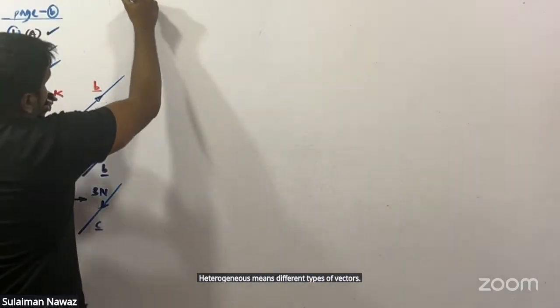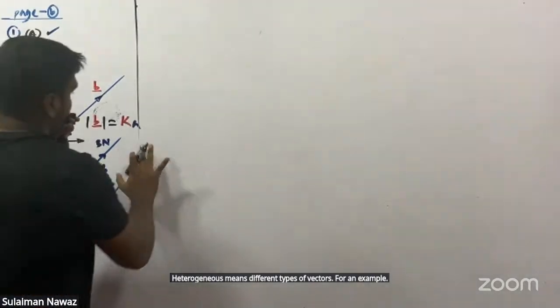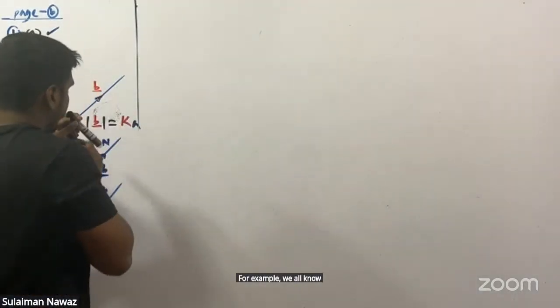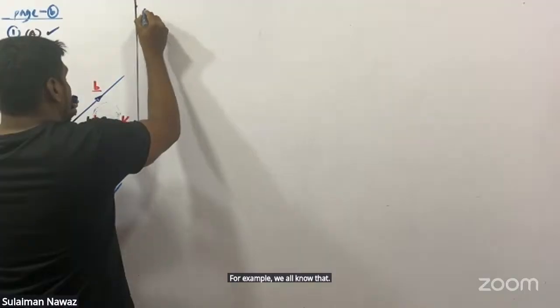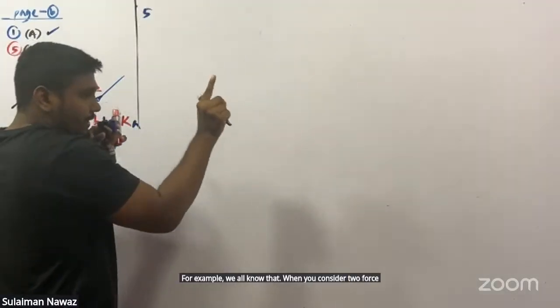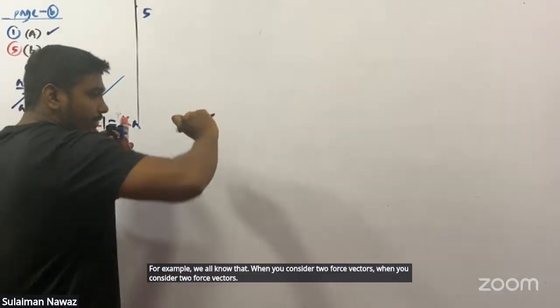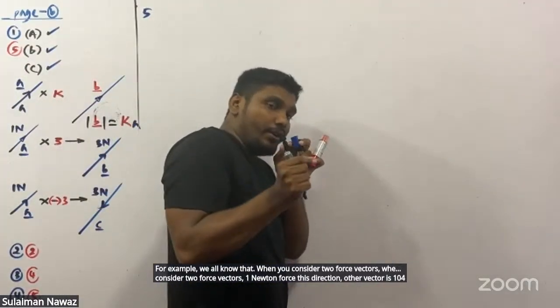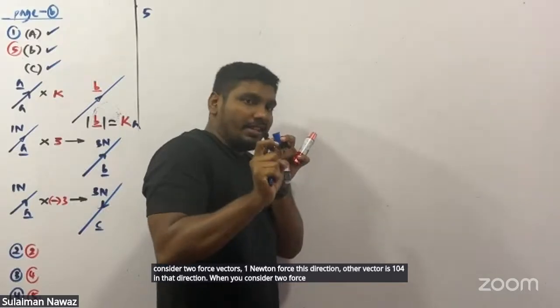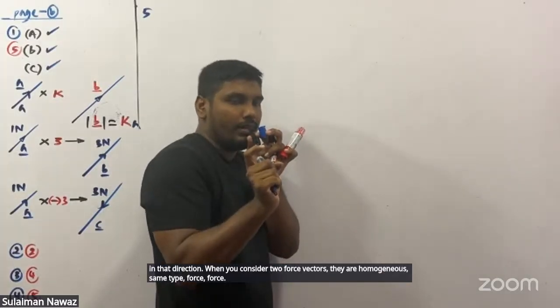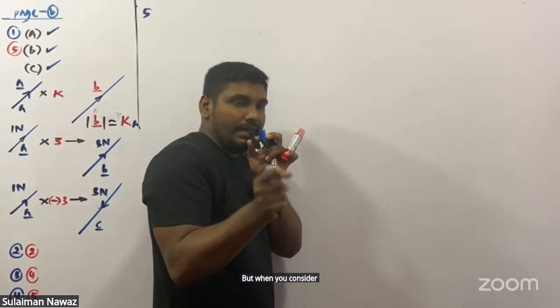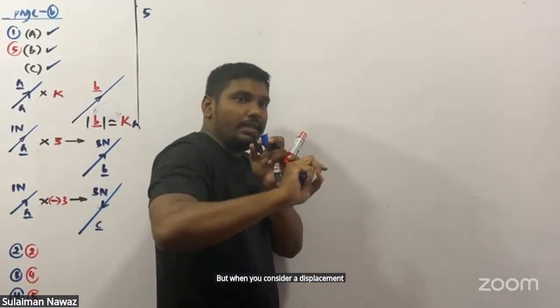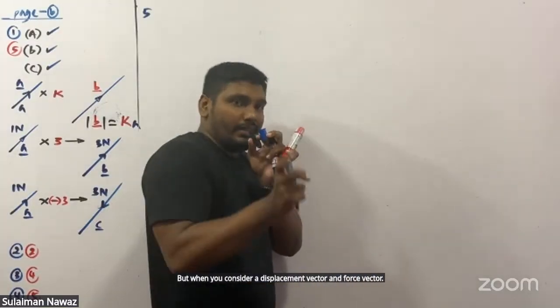For example, when you consider two force vectors, one Newton force in this direction, another vector of 100 Newton force in that direction, they are homogeneous, the same type, force. But when you consider a displacement vector and a force vector, they are different types of vectors.